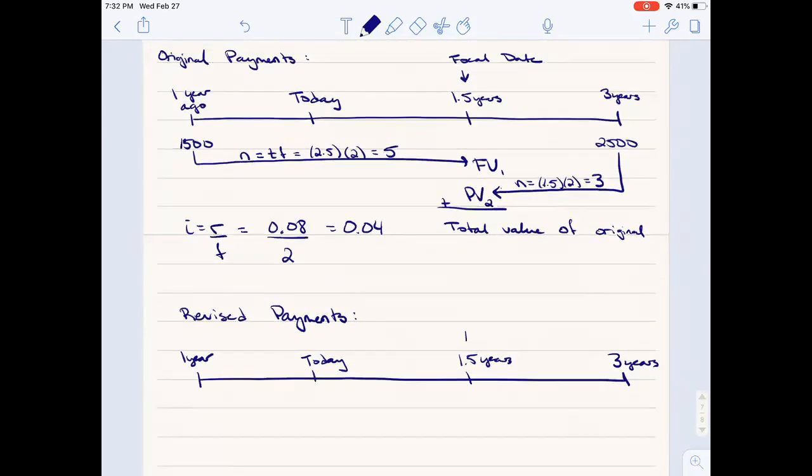And again, 1.5 years has to be the focal date. You have to bring these to the same date for them to be equivalent. Focal date.